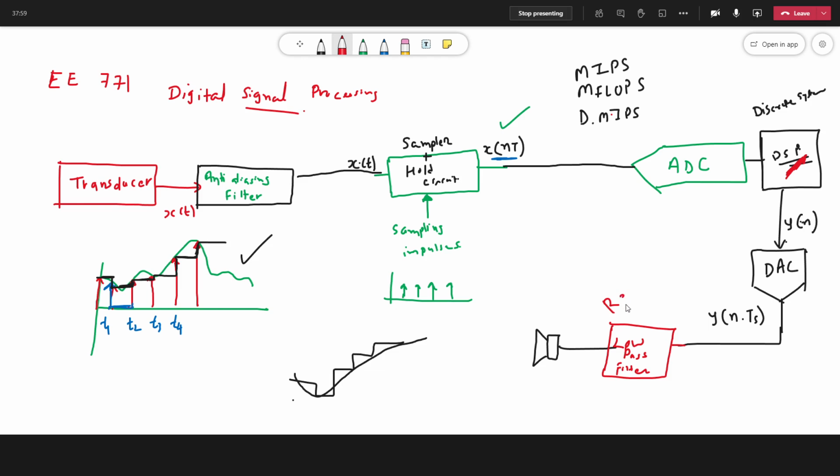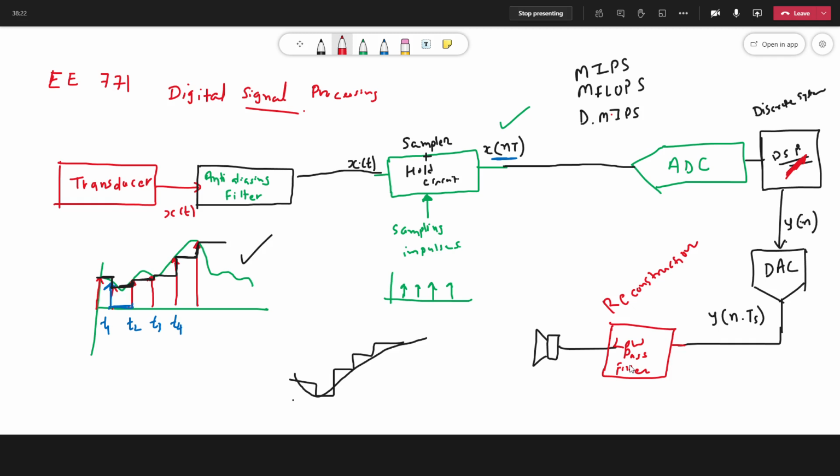This is called reconstruction filter. You will not need reconstruction filter or speaker. But if signal is to be played on the device like speaker, you will need it.